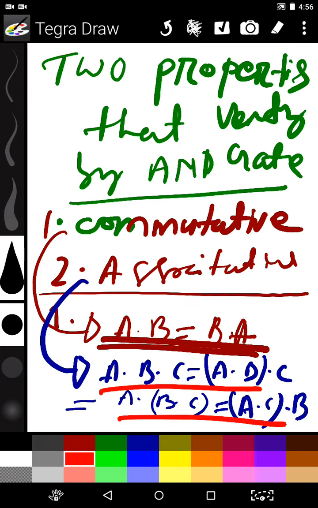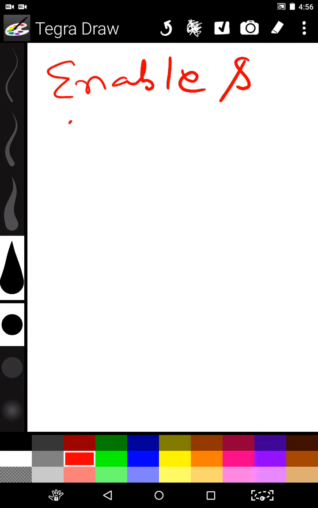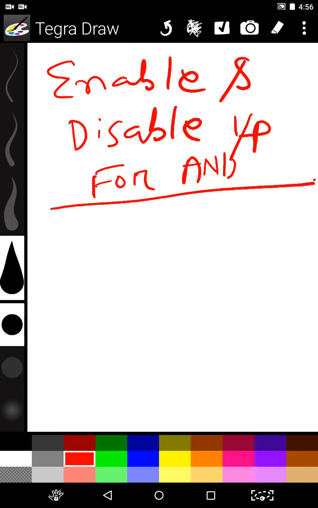Now we will go for enable and disable input for the AND gate. Enable input means the input which allows the flow of input.